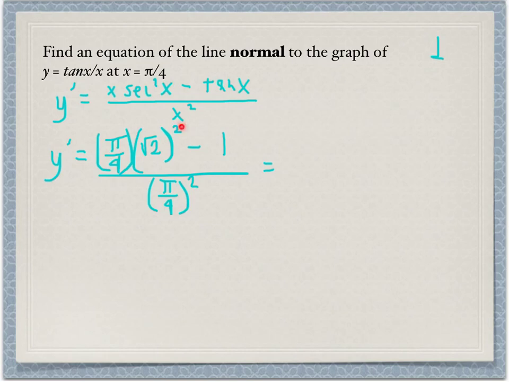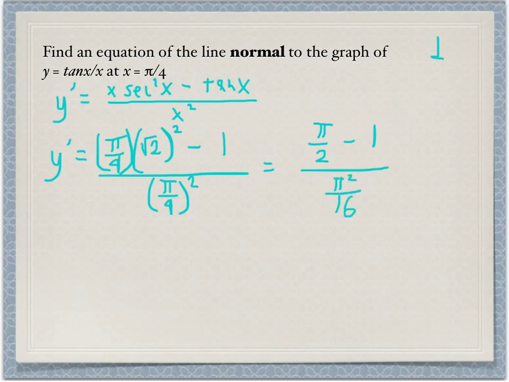You might recognize that the square root of 2 squared is just going to be 2, and 2 times pi over 4 would be 2 pi over 4, which would just be pi over 2, I think, right? Minus 1. And meanwhile, we have this pi over 4 squared, which I suppose I could simplify a bit to get pi squared over 16.